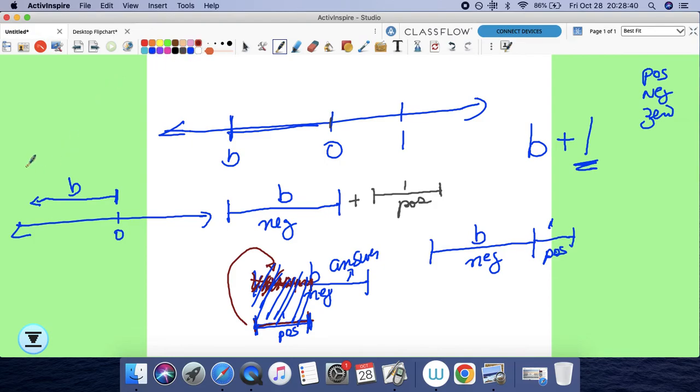Adding a positive means that you always go right on the number line. So how much to the right am I walking? I'm walking the value of 1, this distance right here. So where's my answer? My answer is this part right here.